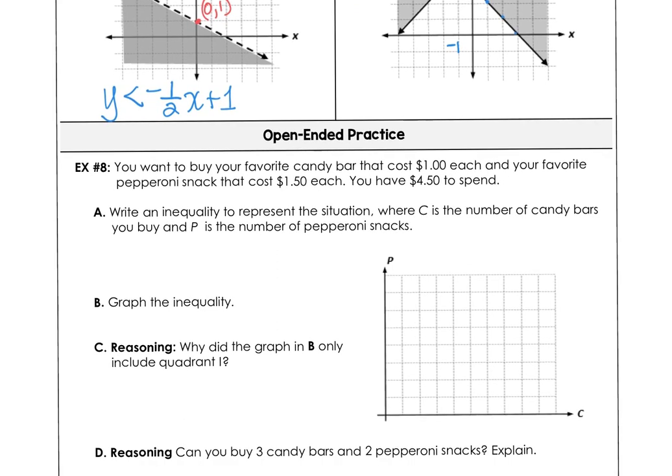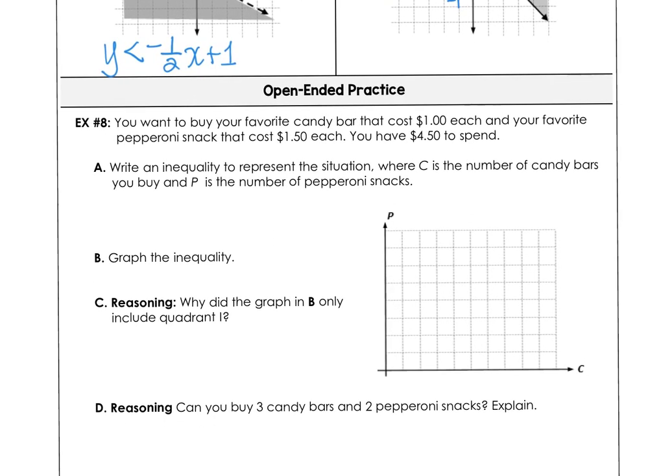Then on example 8, this is our last example. You want to buy your favorite candy bar that costs $1 each, and your favorite pepperoni snack that costs $1.50 each. You have $4.50 to spend.